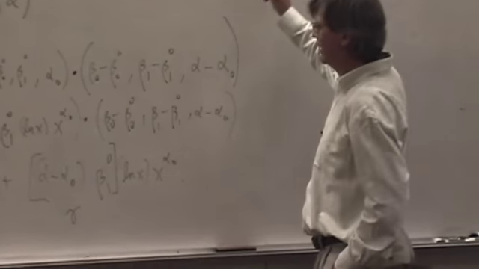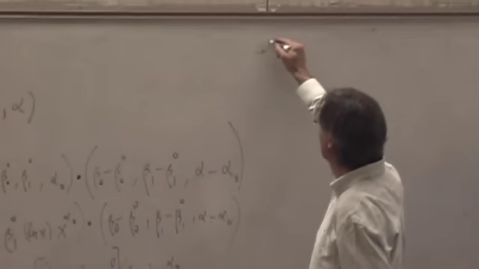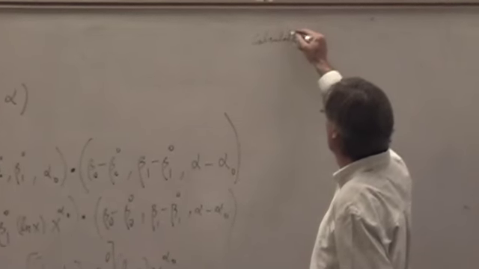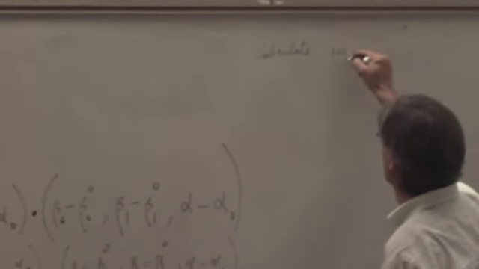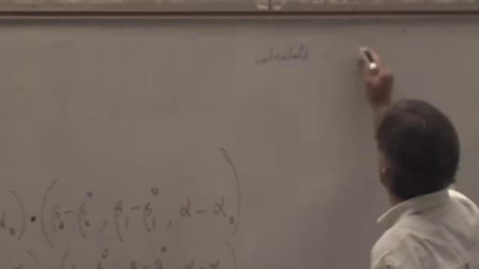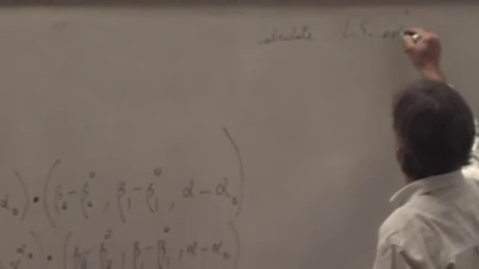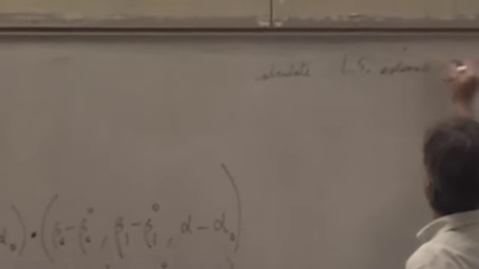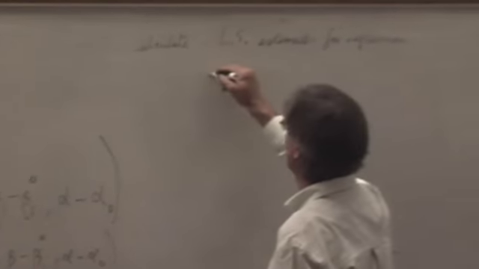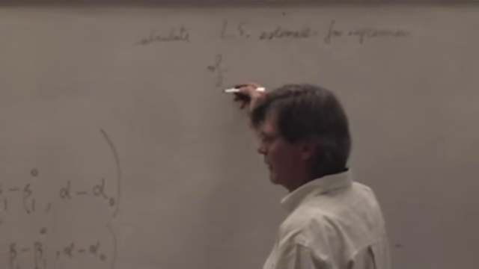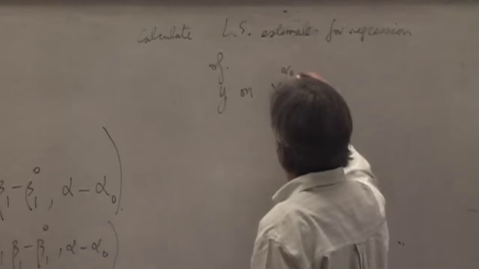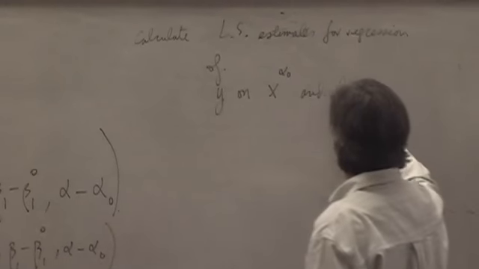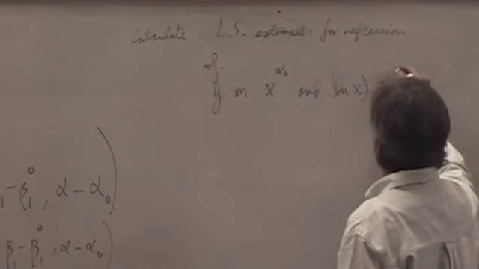So now what I do is regression on these three variables. You calculate the least squares estimates for regression of y on x to the alpha naught and log x, x to the alpha naught.